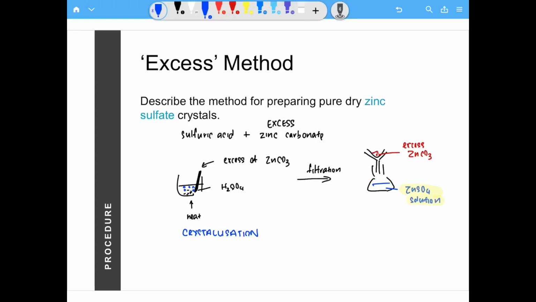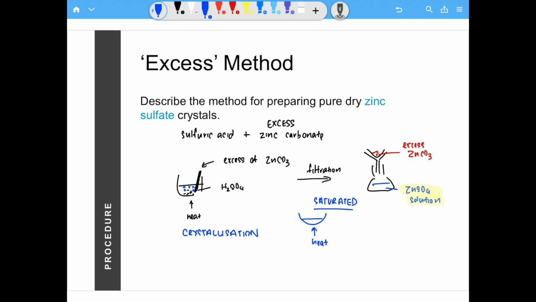For the crystallization method, the first step is to heat the solution, or to heat the filtrate until it is saturated. What does it mean by saturated? It means that the solution contains the maximum amount of solute that it can dissolve.